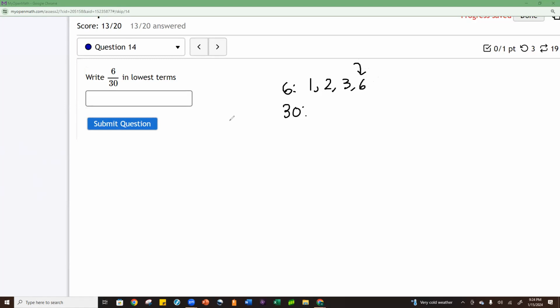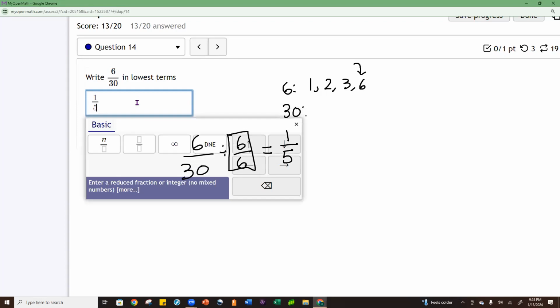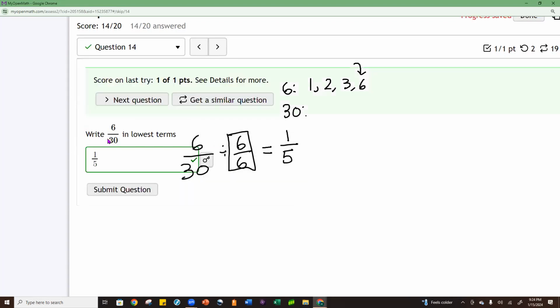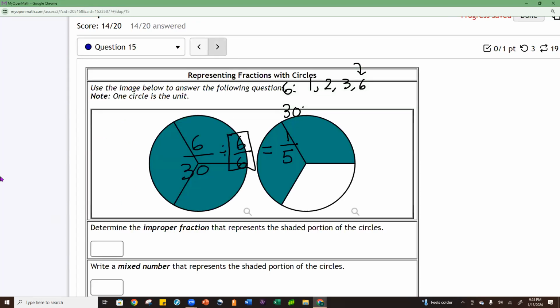Yeah, it does. So let's use 6. I divide by a giant 1. And 6 divided by 6 is 1. 30 divided by 6 is 5. My answer is 1/5. Okay, moving on to the next question.